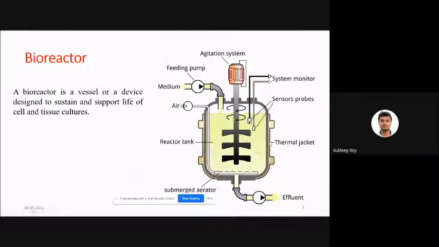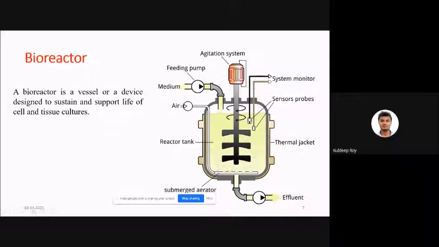Now the heat transfer comes in. Why heat transfer? Because room temperature is about 25 to 30, but if you increase the temperature from 30 to 40, at that particular point you have to maintain the temperature. When the whole system is maintained at a particular temperature, then only the cell growth will be higher.